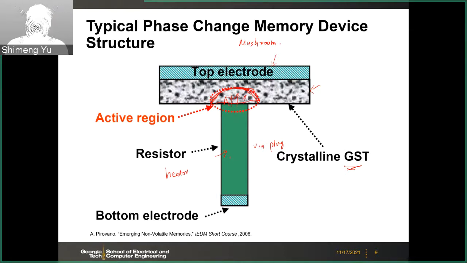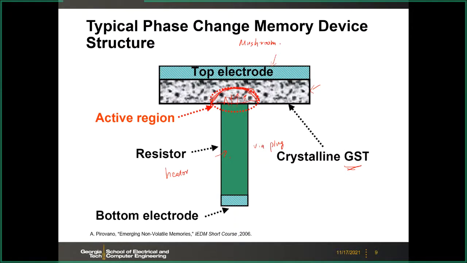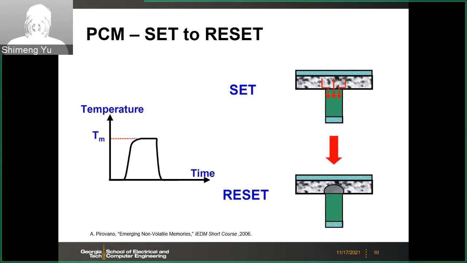So let's look at some animations to show the transition. So let's start with the crystalline state. Let's do the reset process.